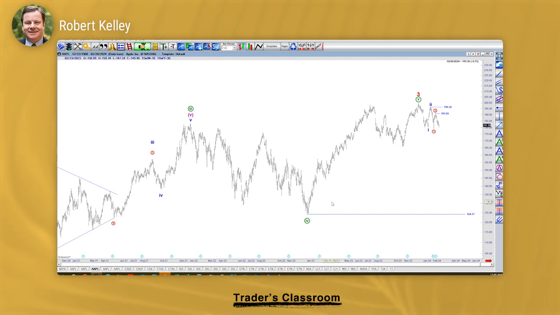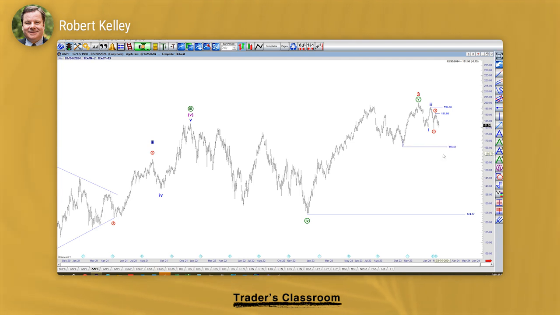Now the surprise would be that this is 1, 2, 3, 4, 5 up for just blue wave 1 of 5, and then you'd have maybe A, B, C down. It would find support at the previous fourth here.